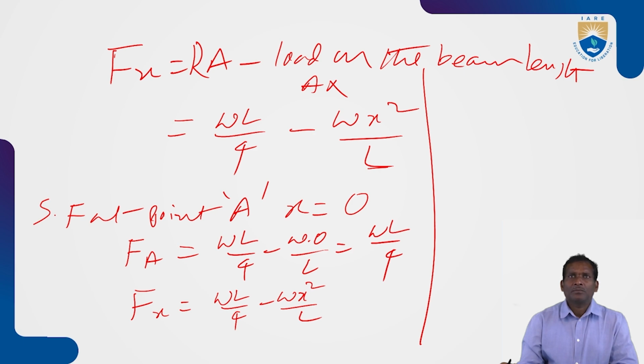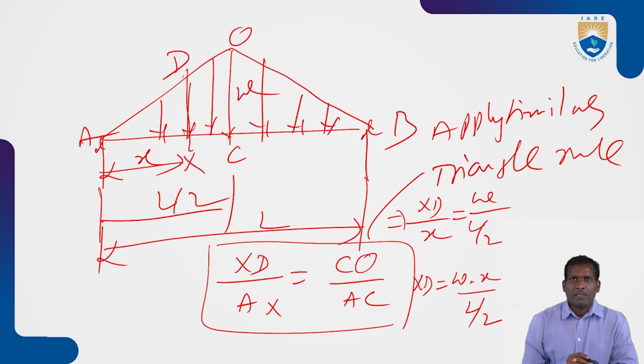So here the load on the beam AX we calculated. So that is XD is equal to W into X by L by 2.